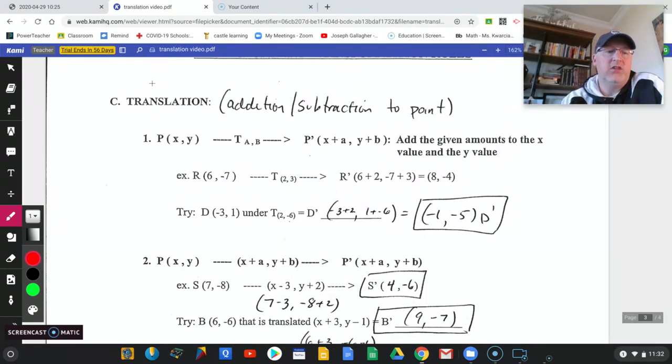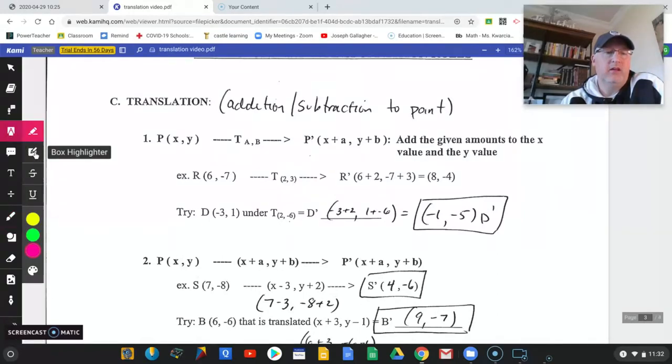There are different ways you might see this. If we look at different types of symbols, you can see a translation with a capital T. The capital T is a symbol for translation, and they'll give you 2 numbers underneath it.